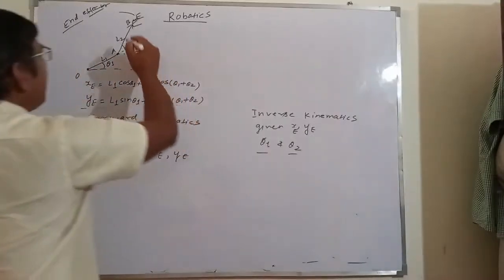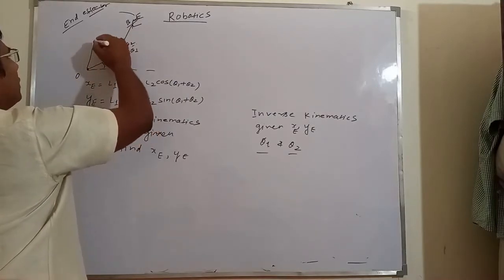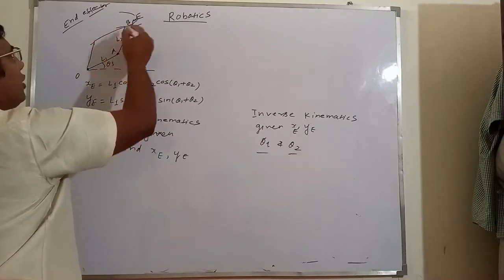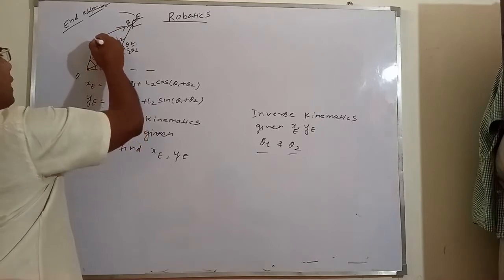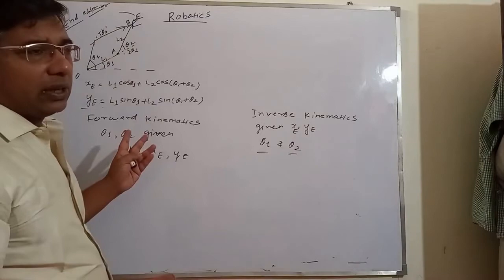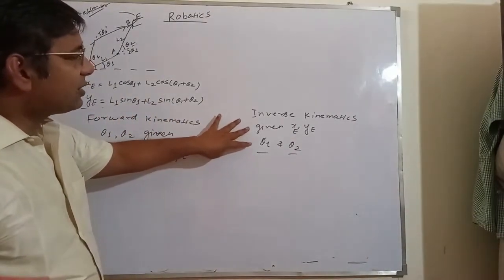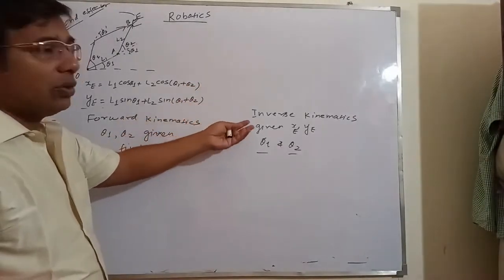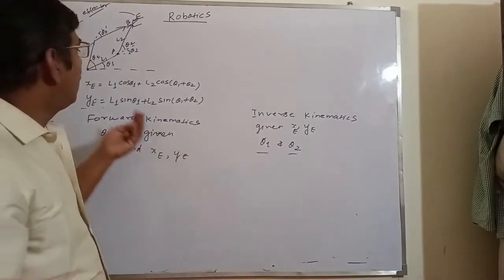For a given position here, we can get two solutions, right? So two values of theta 1, this is theta 1 dash, and this is theta 2 dash. So we can get two values of theta. And we will see that inverse kinematics for a 6-7 degree of freedom robot will not be that easy, and sometimes it's even impossible to get the solution.